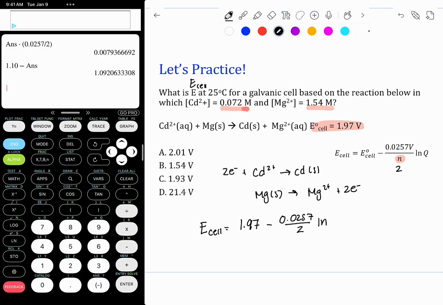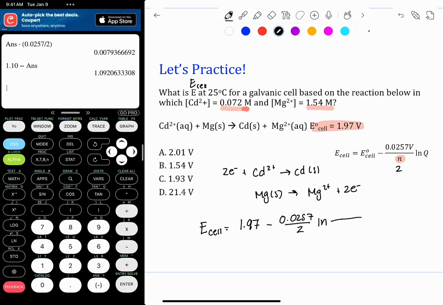So that's going to be the magnesium over the cadmium. So let's see, the magnesium is 1.54 and the cadmium is 0.072. So let's do that in our calculators. Natural log of 1.54 divided by 0.072.